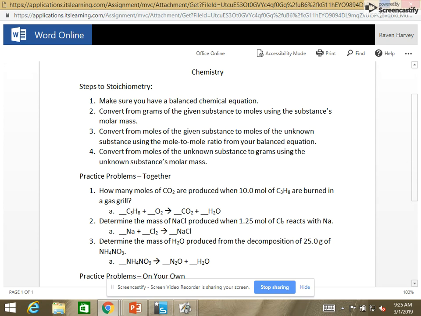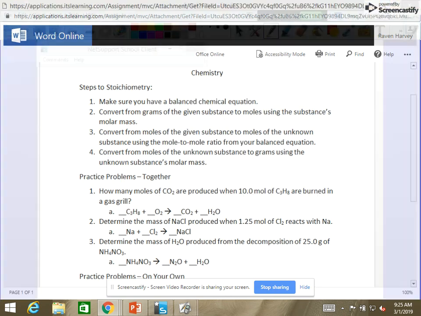Number 1 is how many moles of CO2 are produced when 10 moles of C3H8 are burned in a gas grill. If I look at my steps, you'll notice I'm going from moles to moles. So I'm going to skip some of these steps where it starts talking about mass or grams. Step 1 is to make sure you have a balanced chemical equation.